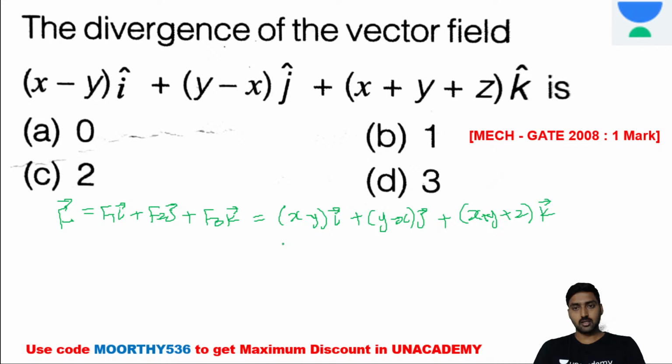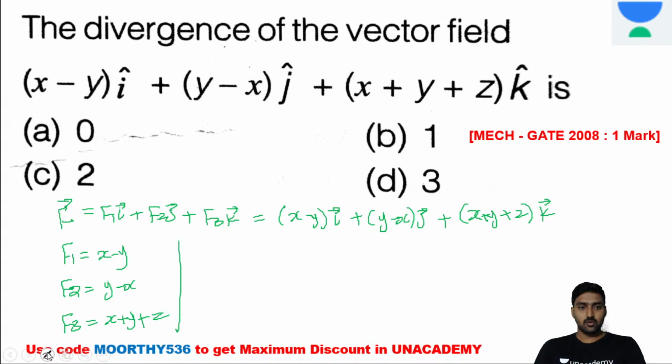Now what about the values of f1, f2, f3? f1 is equal to x minus y, f2 is equal to y minus x, f3 is equal to x plus y plus z, right? Now we need to do the divergence.